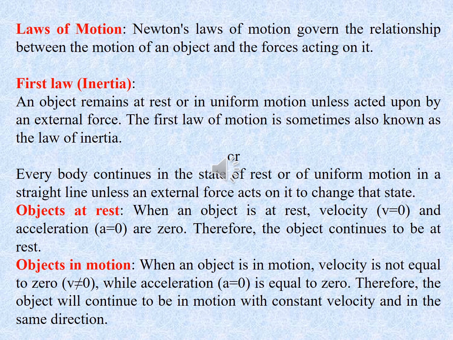Therefore, the object continues to be at rest. Suppose an object is in motion, velocity is not equal to 0, acceleration is equal to 0. Therefore, the object will continue to be in motion with constant velocity and in the same direction.